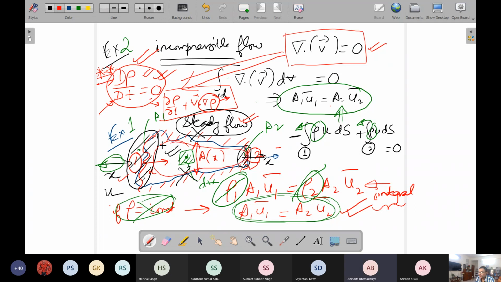Right? Inside, so many things could have happened. It only cares about whatever is there at the surfaces across which fluid flow is taking place. So that makes the integral approach look less restrictive. Right? But the integral approach that we have followed, we can follow directly from the incompressibility constraint also.